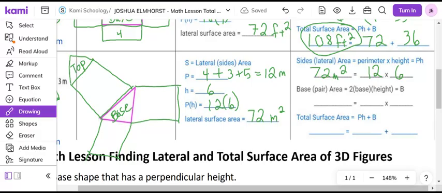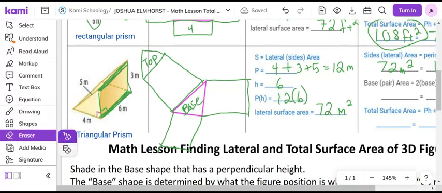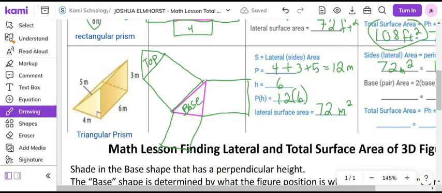Now we need to find the base area. The base area is going to be a length and a height for the triangle. So it's 4 times 3. 5 is not needed for the area. We need perpendicular measurements.